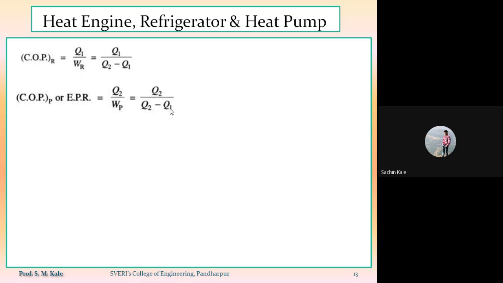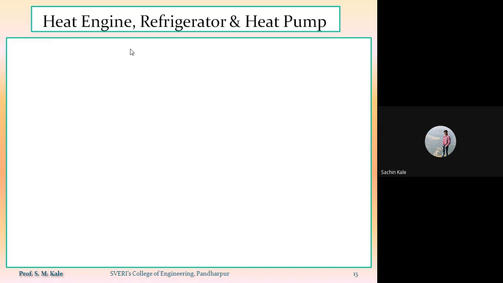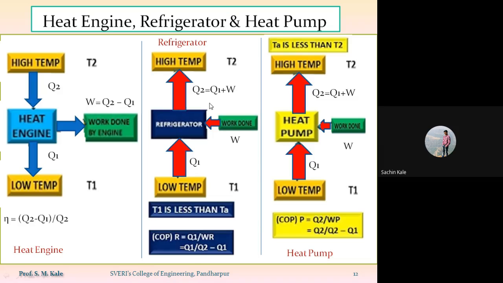In the previous diagram, for both refrigerator and heat pump, the value of Q2 is Q1 plus W, and the value of W is Q2 minus Q1.